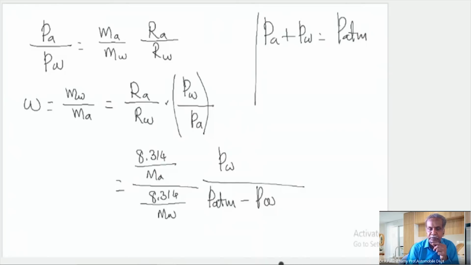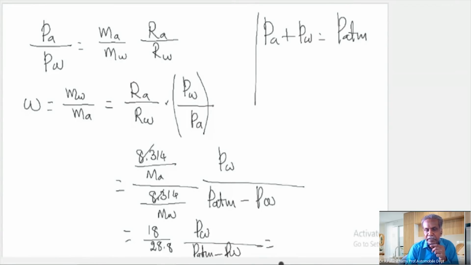I have substituted here, so you can cancel. Molecular weight of air per molecular weight of water is 28.8 by 18, which is equal to 0.622 PW by P atmosphere minus PW. So this is the specific humidity.